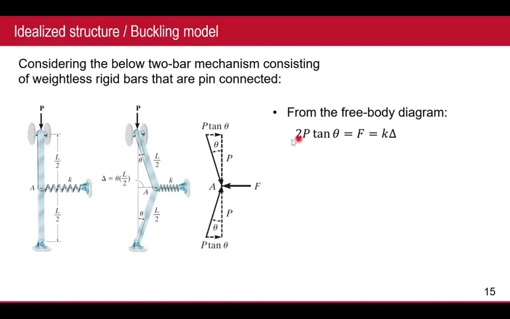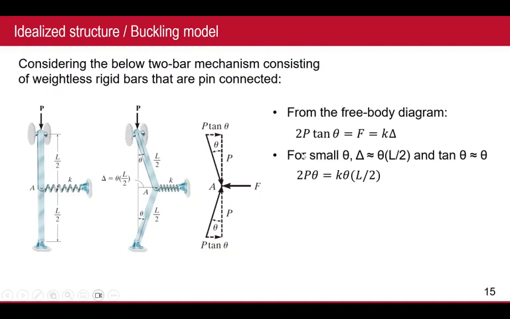So here, in the free body, 2P tangent theta will be equal to F. F is equal to k delta. But this is for a small angle, just a small disturbance.